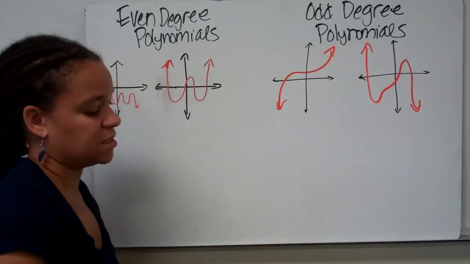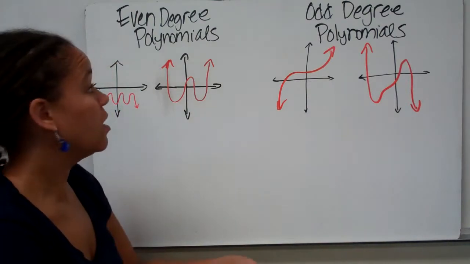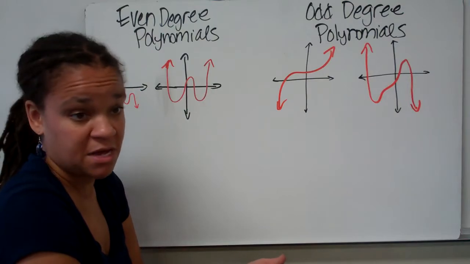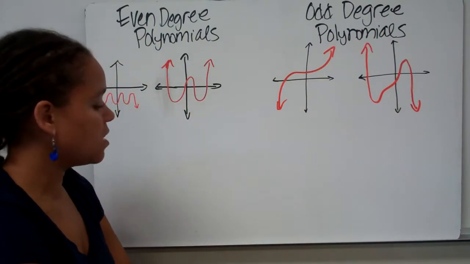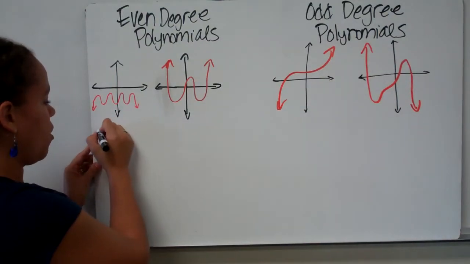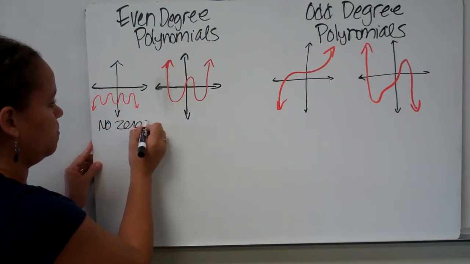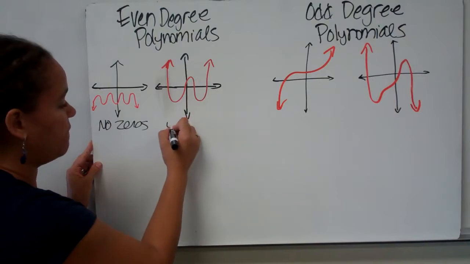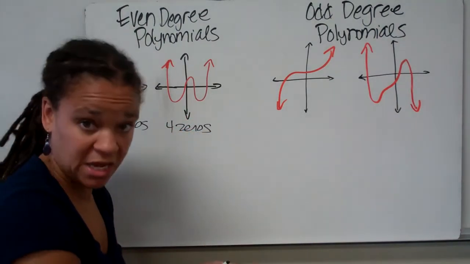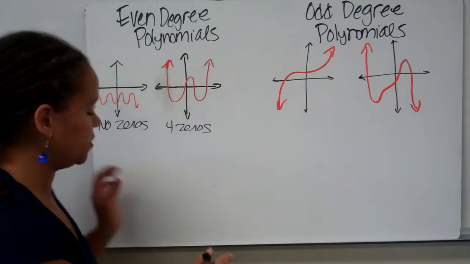Let's look at some generalizations. So even degree polynomials, meaning the highest degree is even, so it'll be 2, 4, 6, 8, whatever it is. If you have even degree polynomials, you either could have something like this where there are no zeros, or here we have 4 zeros. And in general, you're always going to have either an even number of zeros or no zeros.